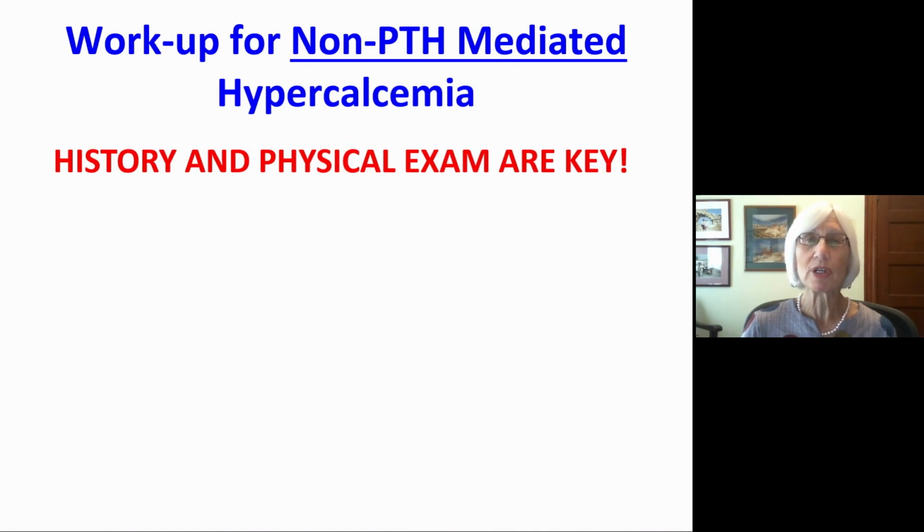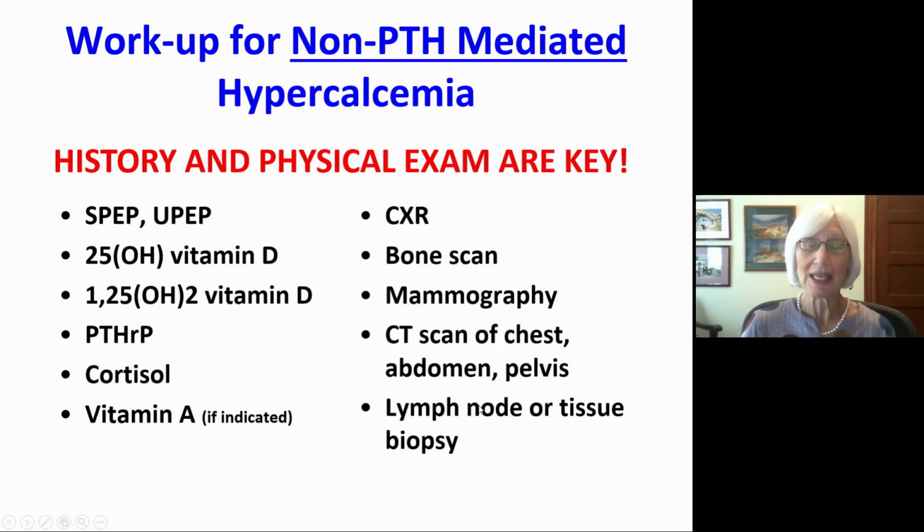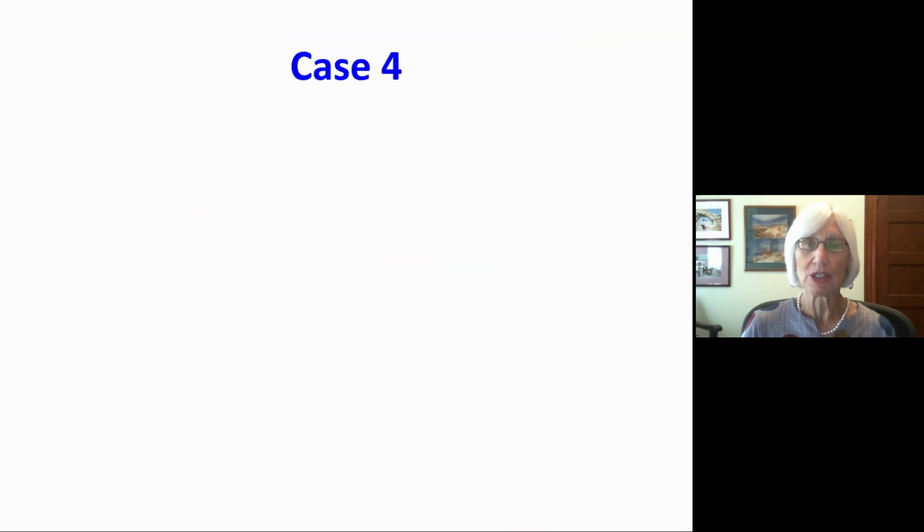The workup for non-PTH mediated hypercalcemia: history and physical exam are the key. Other things you can always think of checking: SPEP, UPEP, the vitamin D levels, both 25 and 1,25 D are useful in this entity. PTHrP, usually by the time you get it back, you already have the answer, and there are many other things you can check.